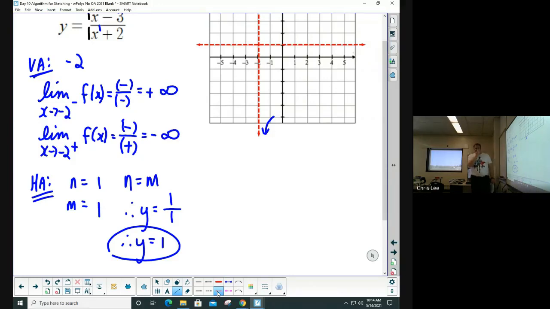Now, last year, because it was at 1, we couldn't go any further. We couldn't plug it in to figure out if it's above or below, because above and below are both going to be positive. But what we learned yesterday is if we can't do it using this, we're going to use the directrix.